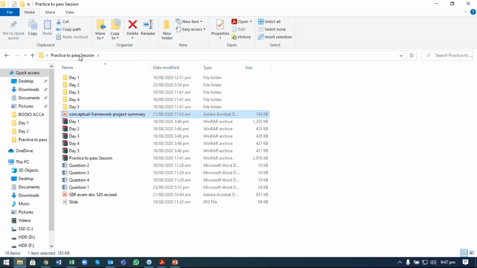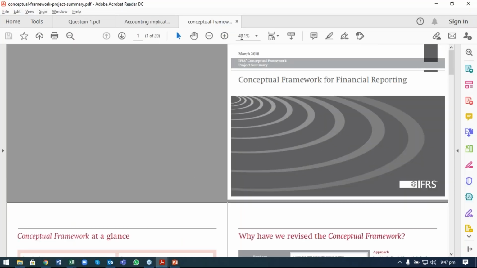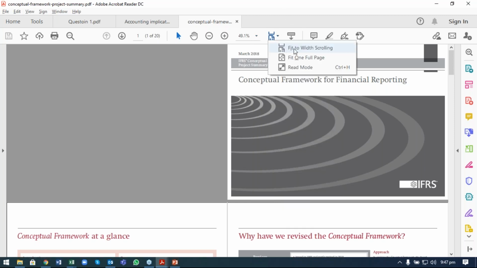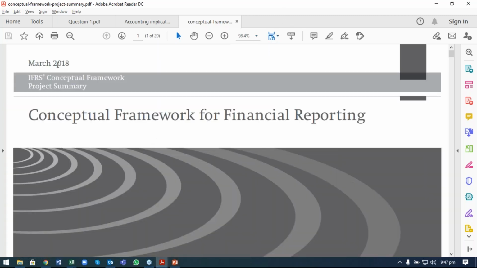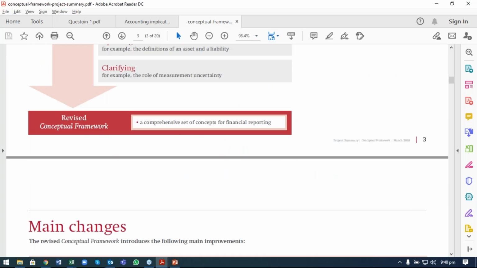Conceptual framework. Yeah, this is the conceptual framework project summary. So if you need, I'll be sharing this document with all of you. This is a conceptual framework 2018 document. It was provided by IFRS. So that is a document of almost 20 pages.